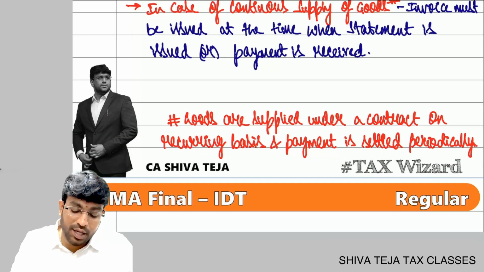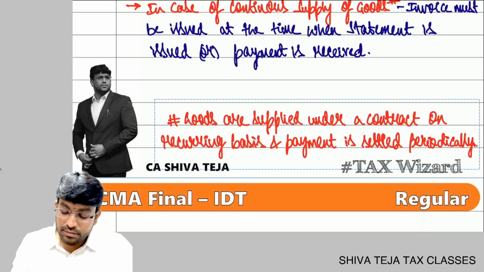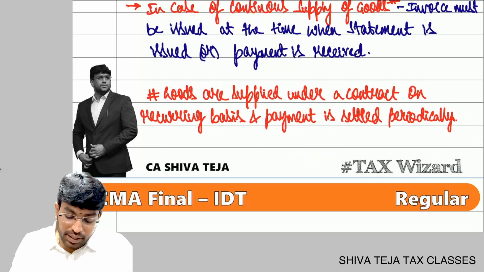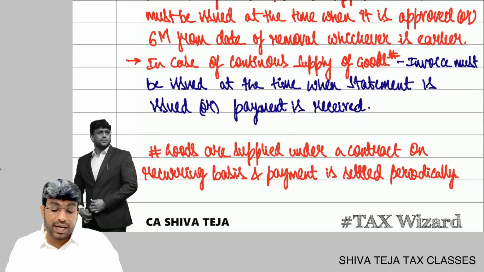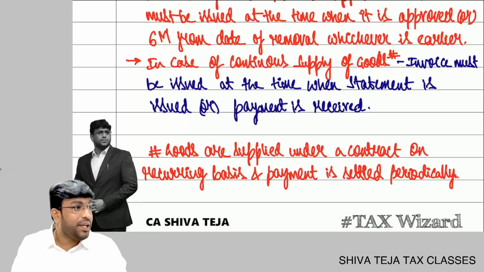Invoice must be issued when? At the time when the statement is issued or payment is received. That is the time when the invoice is supposed to be issued.